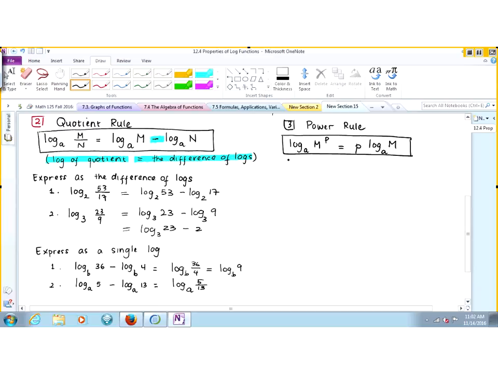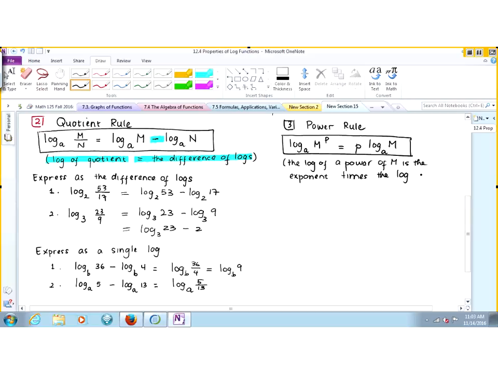Okay, yes. So it says this: the log of a power of m is the exponent times the log of m.